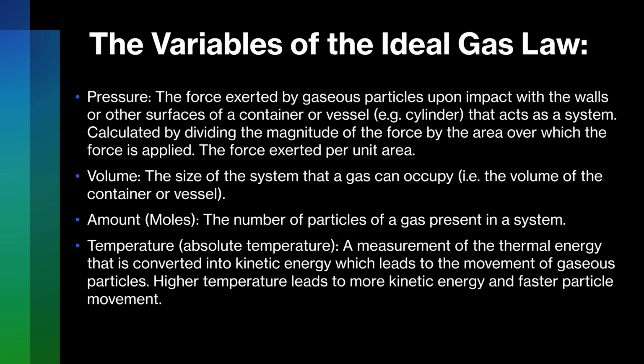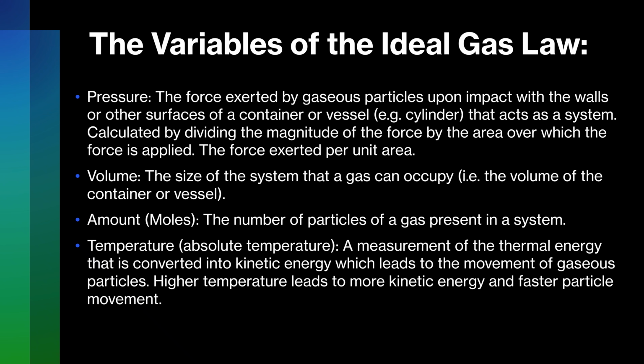Now, outside of the ideal gas law, you could express this in newtons per square meter. However, we don't tend to use those units within the ideal gas equation. We'll go over those units in a bit. However, pressure gives you an indication of how often collisions do occur between gaseous particles and the walls and surfaces of a system, such as a container or cylinder.